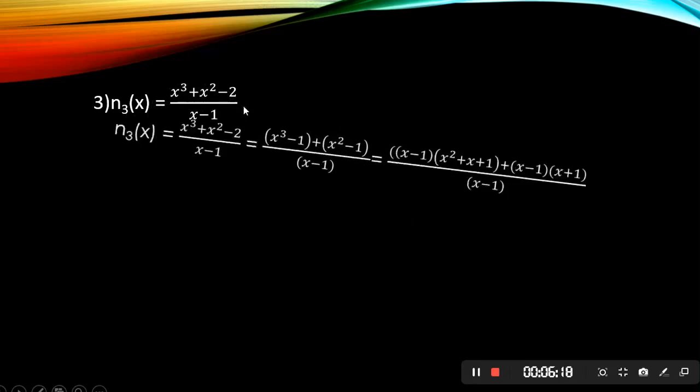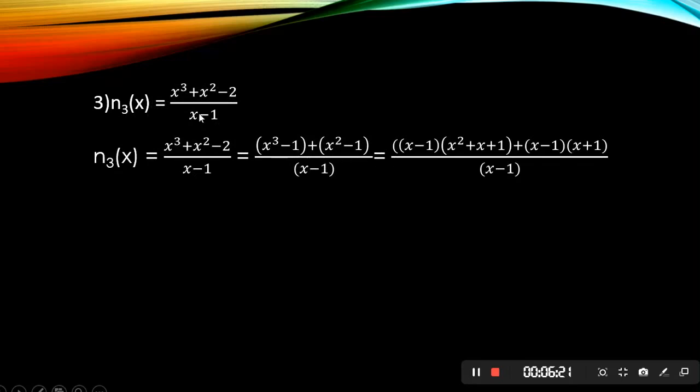X power 3 will take negative 1 and x power 2 takes the other. So I can write it as x power 3, with this negative 2, I will take negative 1 here with x power 3, and with x power 2, I will take the other negative 1. So I have two brackets, x power 3 minus 1 and x power 2 minus 1. Minus 1 minus 1 gives me minus 2.